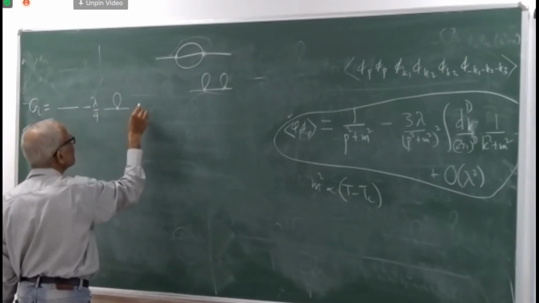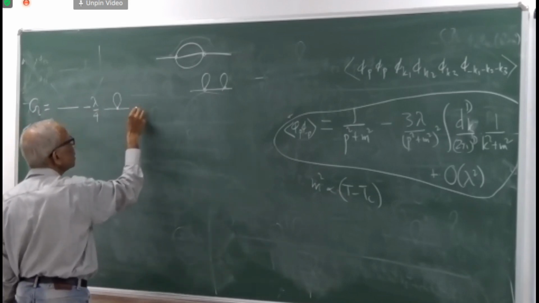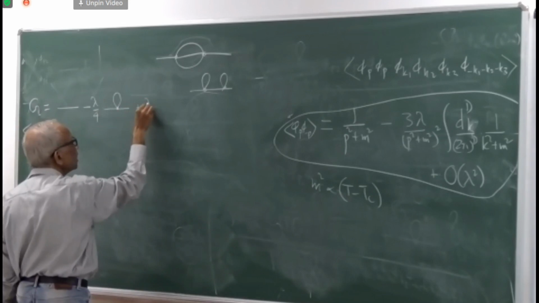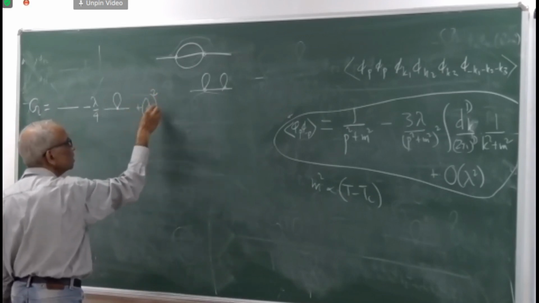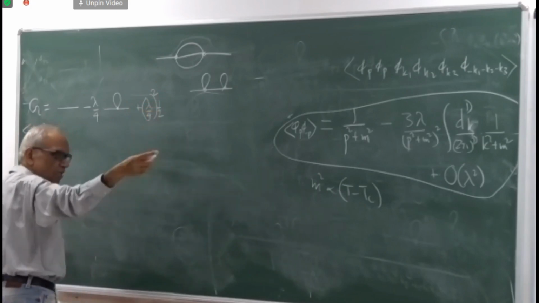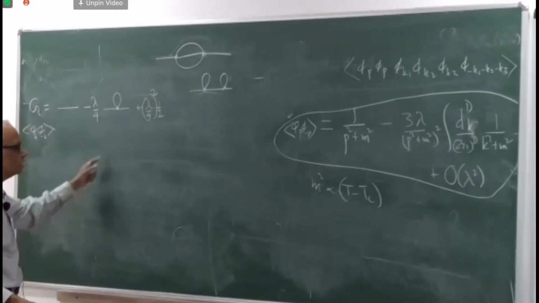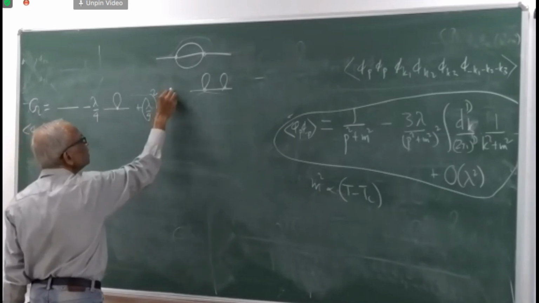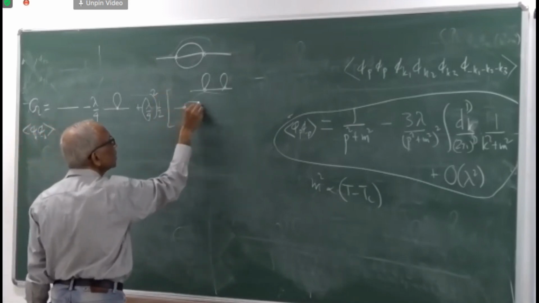Then comes this, plus lambda by 4 squared, and a half, which comes from the exponential being expanded, so that is that. And then comes two of them, comes this.